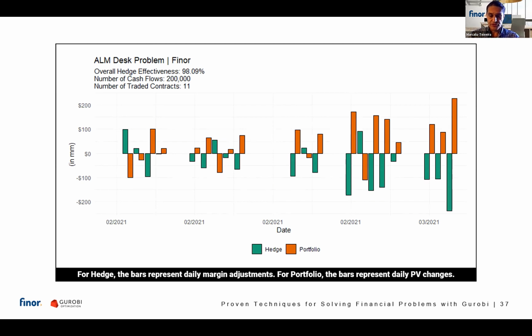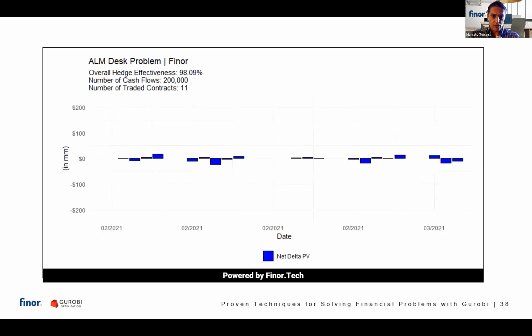So the money you're receiving or paying. And the orange would be the portfolio value changes. And you can see that pretty much they are offsetting each other. And you will see it more clearly right now. This is the net of the change on the portfolio value with the margins that you either paid or received. You can see it's very low.